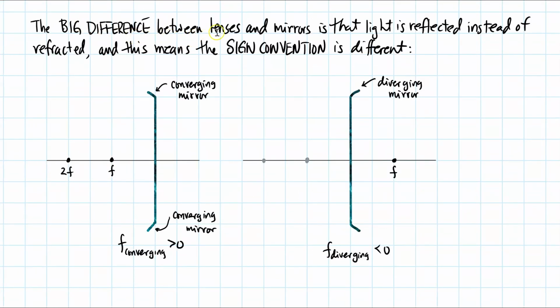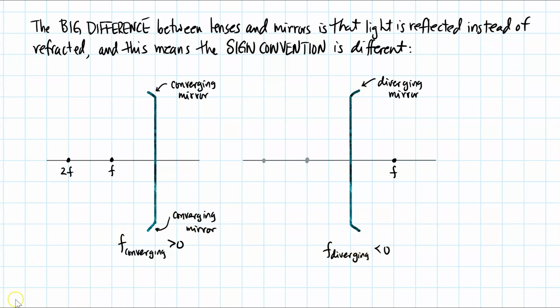The big difference between lenses and mirrors is that light is reflected instead of refracted, and this means the sign convention has to change. When I set up a converging mirror, the way this is bent indicates that. We know that converging mirrors have a positive focal point, whereas diverging mirrors are bent the opposite direction, and we know that their focal length must be negative.